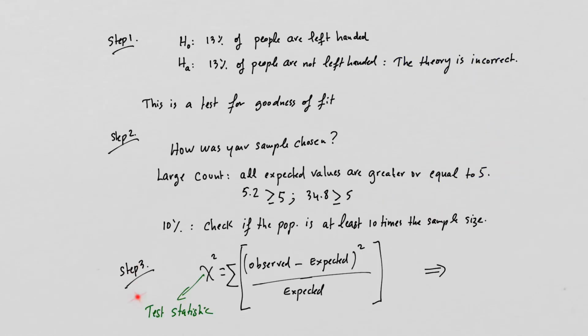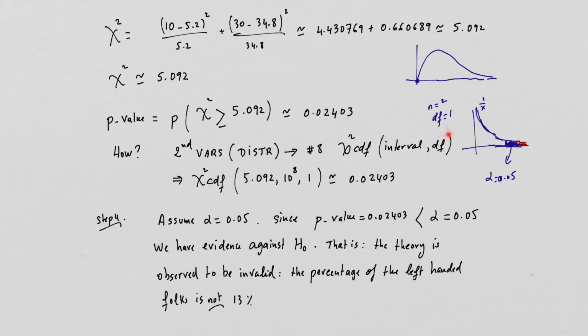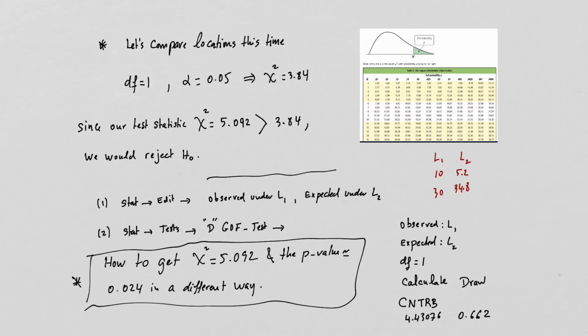Step 3 is always the calculation. This whole thing here, you could do it in a different way. Now, you can go back again and click on draw, and you're gonna get a picture just like I mentioned earlier. In our case, it should look something like this, because it recognizes that degrees of freedom is 1. So it's gonna look like 1 over x. Okay, and it's gonna shade your 5% significance level.